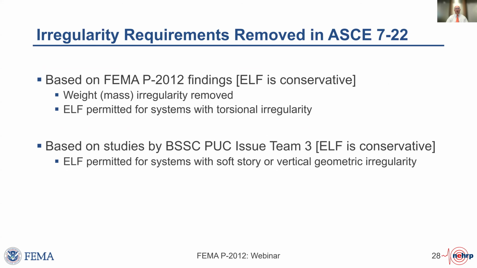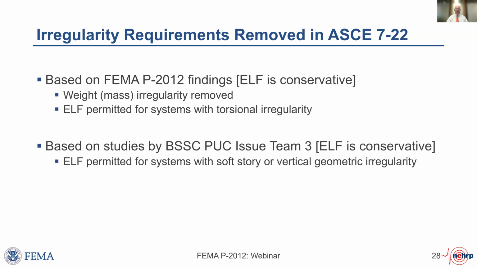So, irregularity requirements that were changed in ASCE 7-22, based on the findings of the project that we're discussing today: the weight or mass irregularity was removed. It's no longer an irregularity as defined in the code. And ELF is permitted for systems with torsional irregularity, since we studied that very carefully and found that the ELF designs behave at least as well as the modal response spectrum analysis designs. And so the consequence that was in the code previously, requiring that you use modal analysis, was counterproductive.